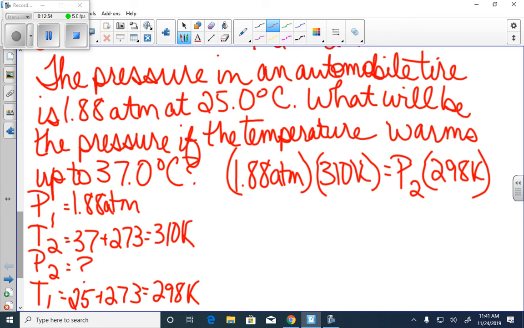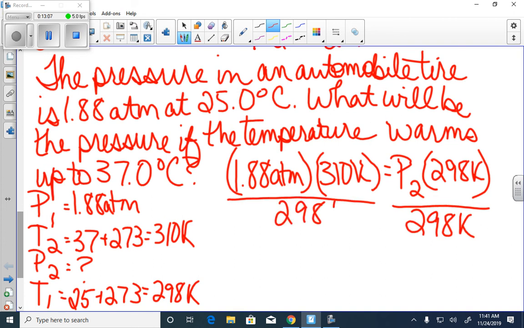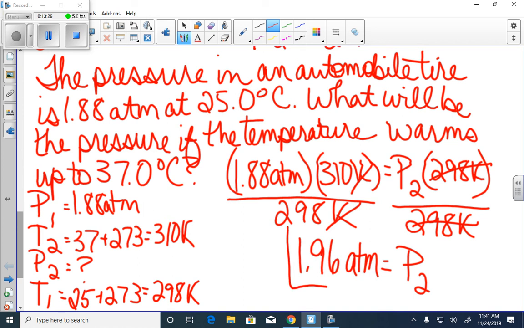We have 1.88 atm times 310 K equals P2 times 298 K. We want our P2 by itself, so we divide both sides by 298 K. This gets rid of the 298 on that side, gets rid of the unit K on this side. We take 1.88 times 310 divided by 298, punch that into a calculator, and it's 1.96 atm. And that is our pressure.